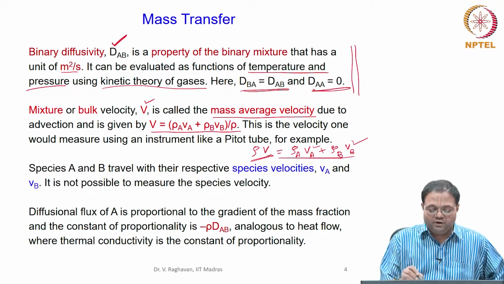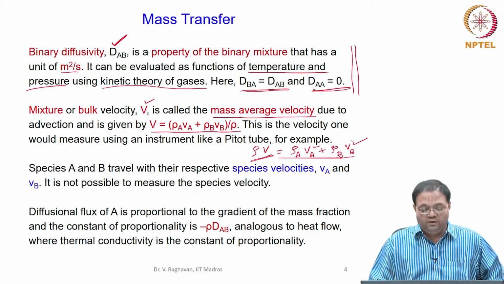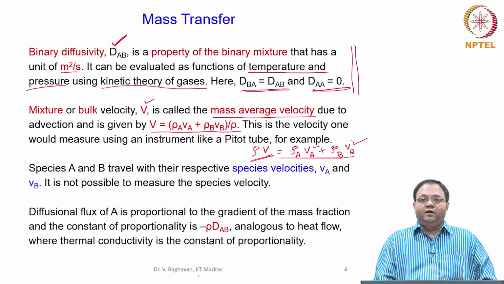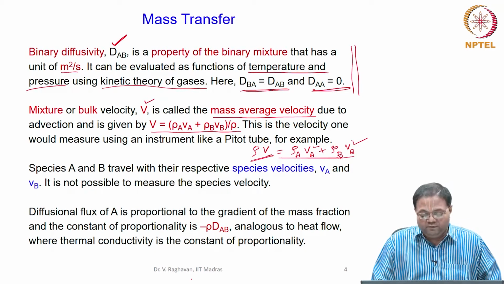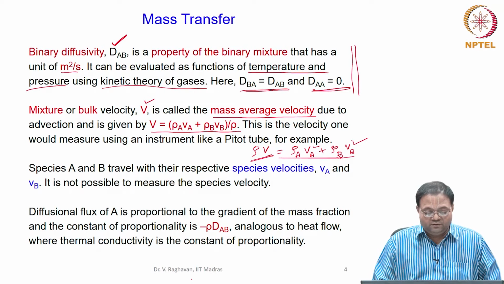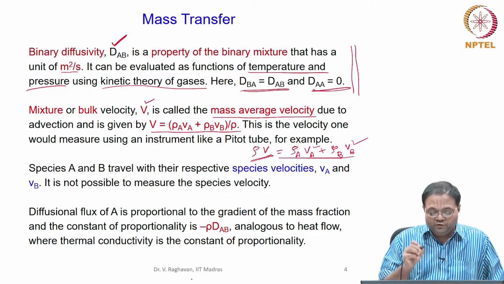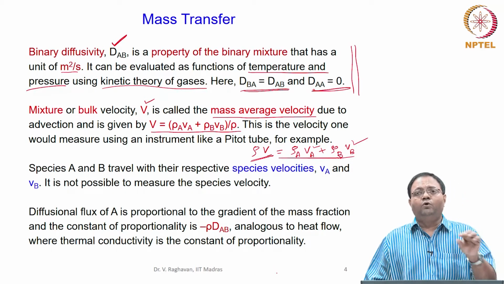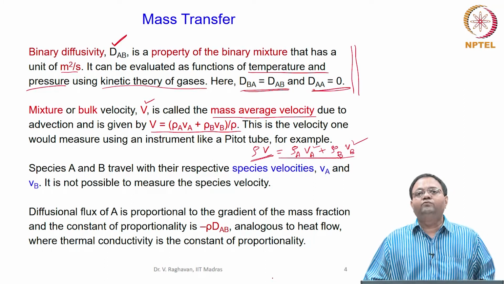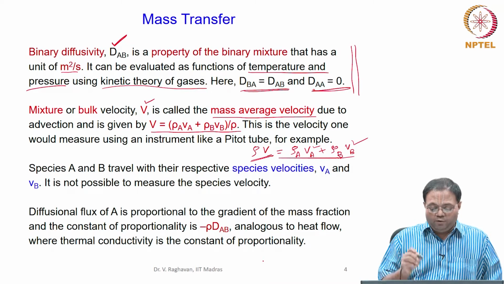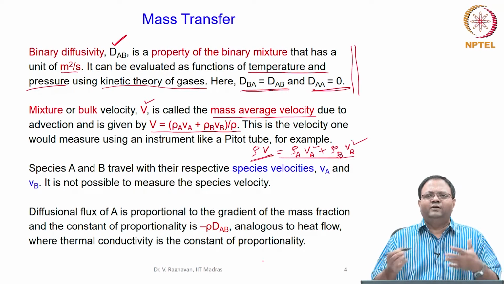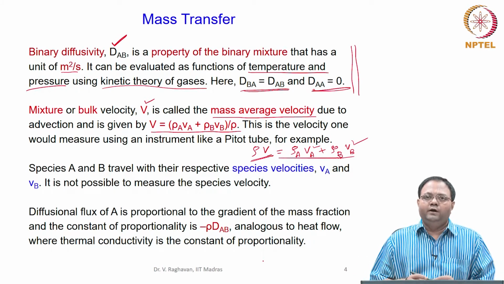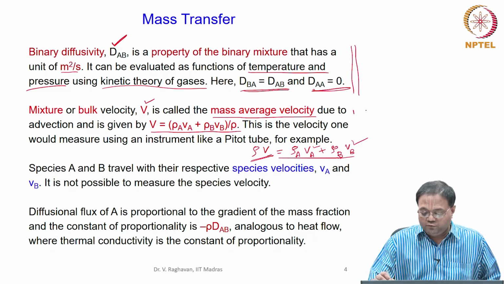So, from this definition we can write the mixture velocity capital V as rho A Va plus rho B Vb divided by density, and this is the velocity which we will measure. Or if you want to solve the flow using CFD, this is what you will solve using the continuity and momentum equations. This is called the mixture velocity or mass average velocity. This is very important. You can measure it or calculate it using any equation.